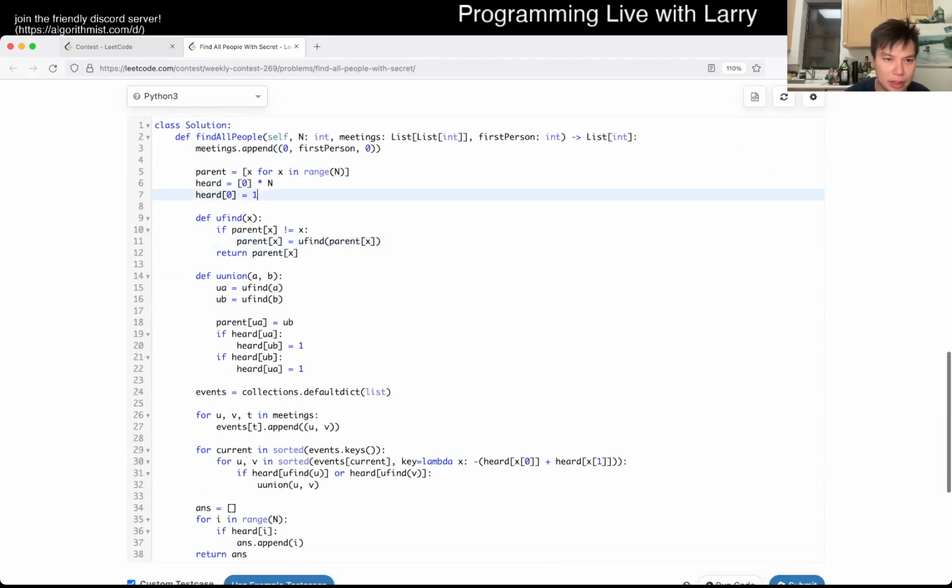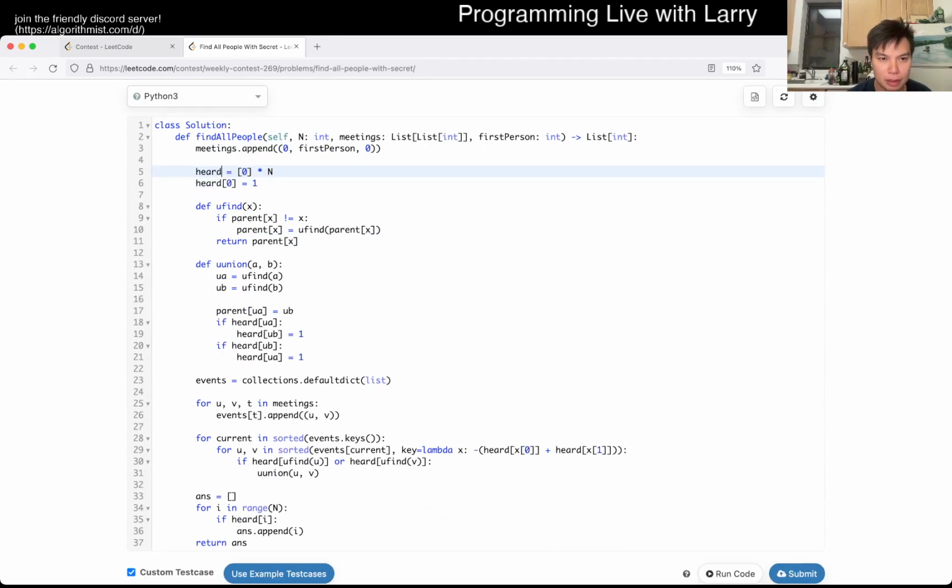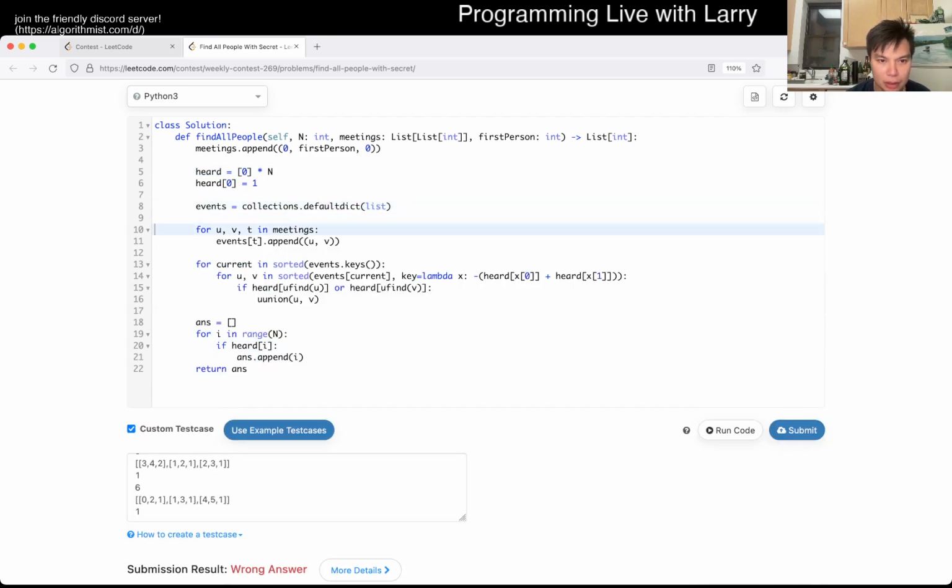I guess I didn't really need this. Let's see. Maybe I didn't need union find. I was just being silly. Yeah, I was just being silly actually. I think I just made it more harder than it needs to be.